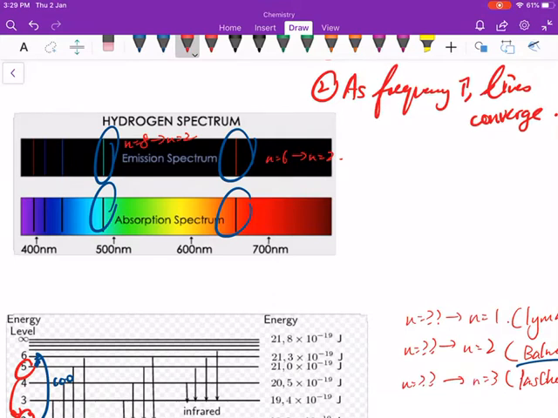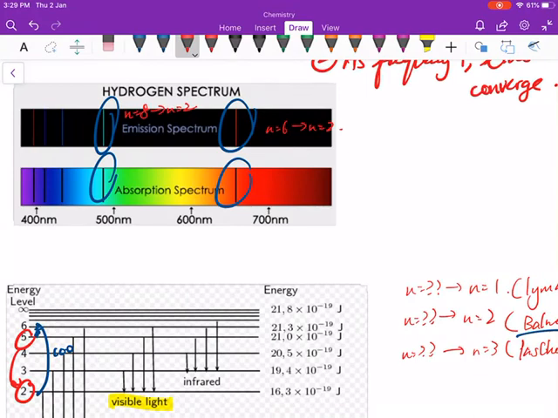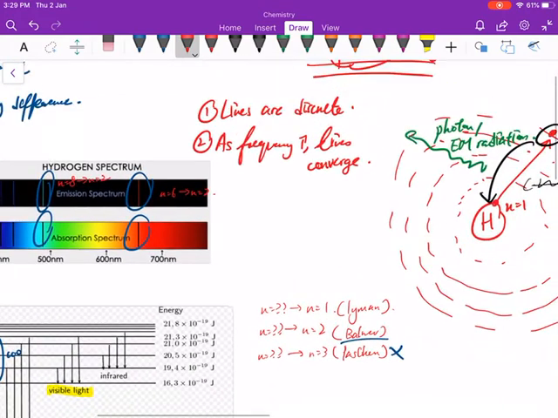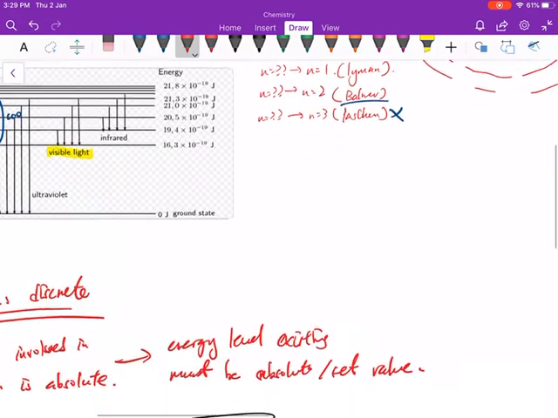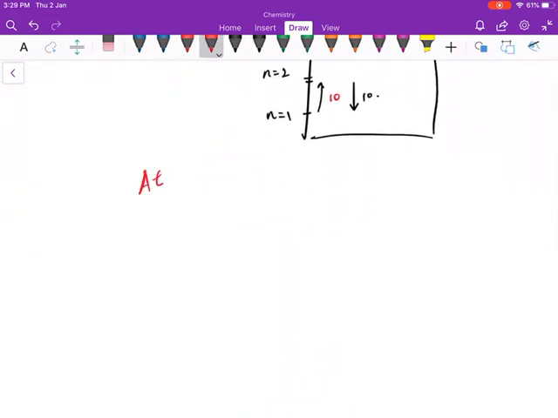And it must be n equals 2 because it's in the Balmer series, where we can see it because it's in the visible light region. So this is the first point, why the lines are discrete. Now we move on to the second point: at higher frequency, the lines converge.